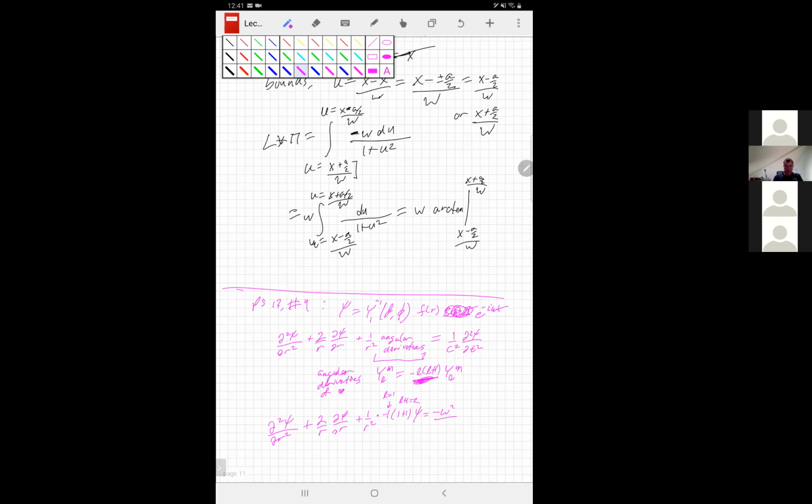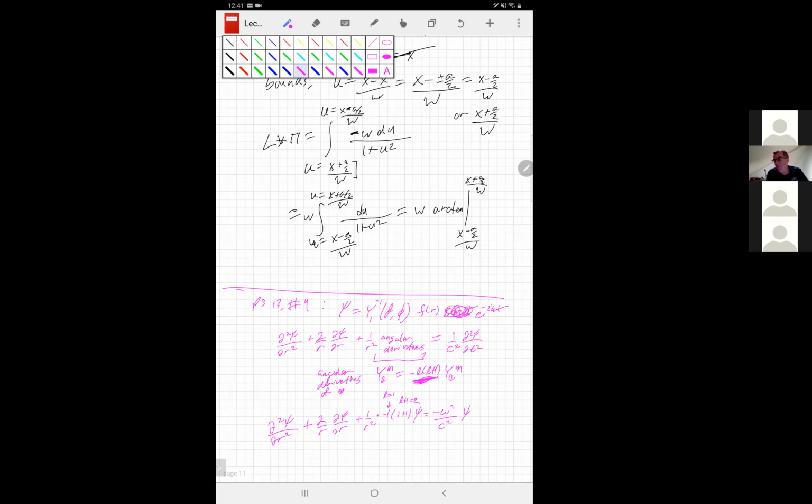And then the second derivative with respect to time gives us a minus omega squared. So we get minus omega squared over c squared psi. That's what we have. And then it just becomes a question of, all right, we've done the angular derivatives.